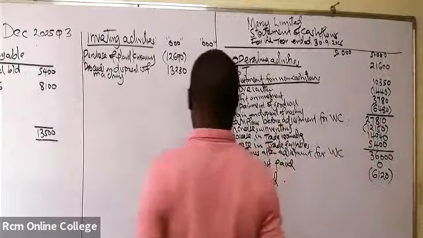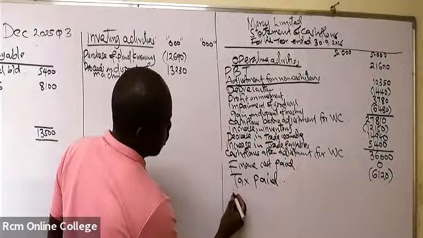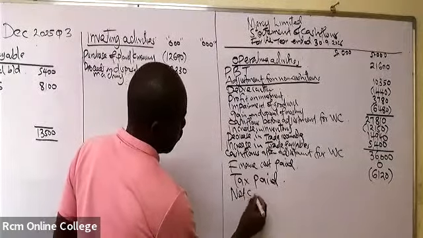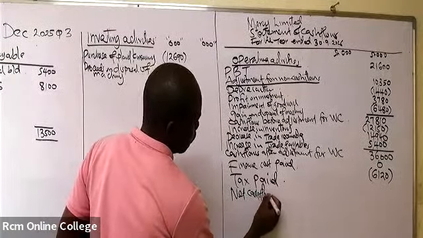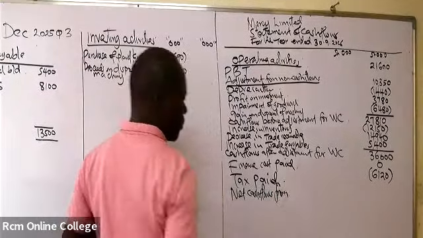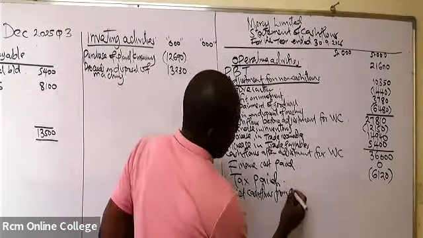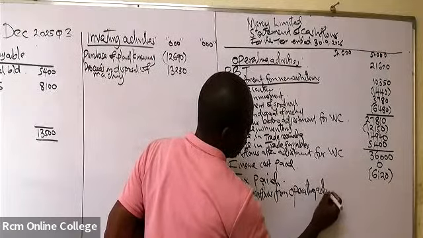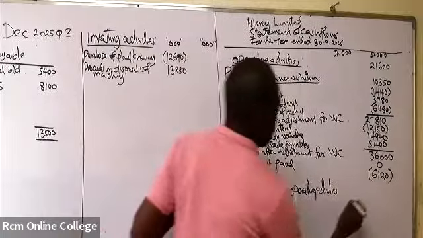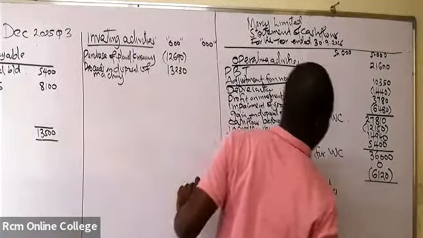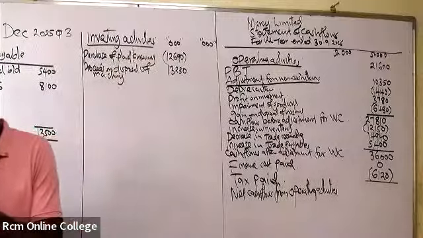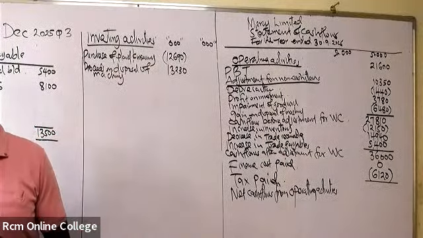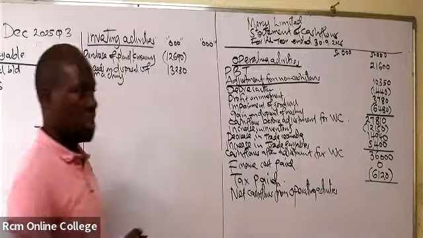So cash flows from, right? Net cash flows from operating activities. So how much will we have there? 29,880.